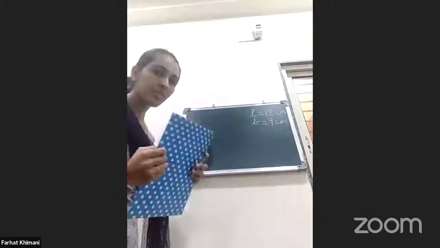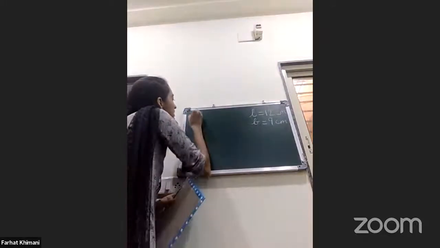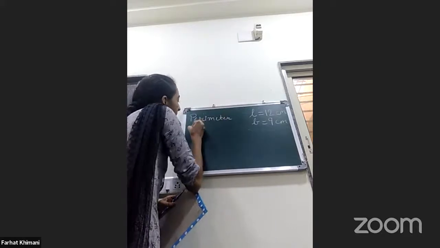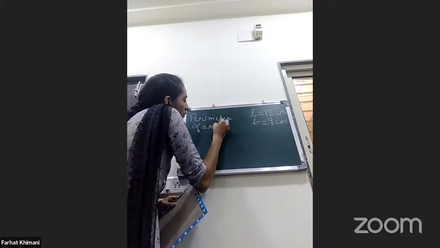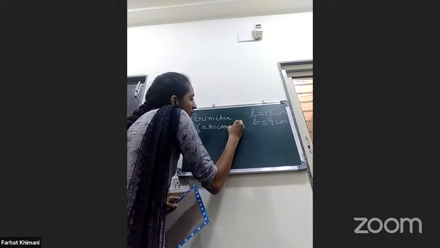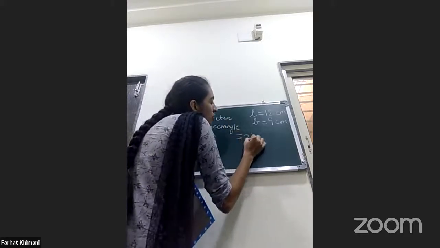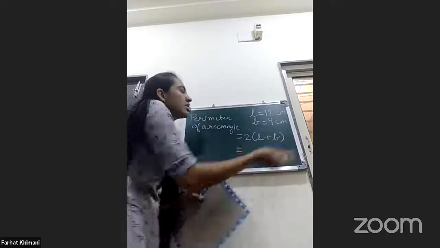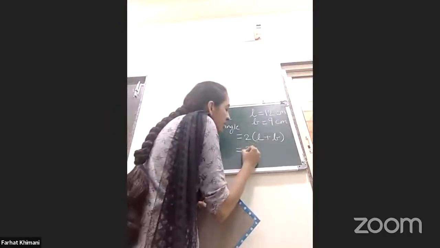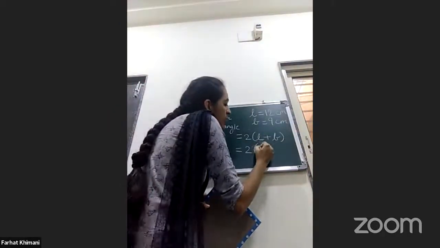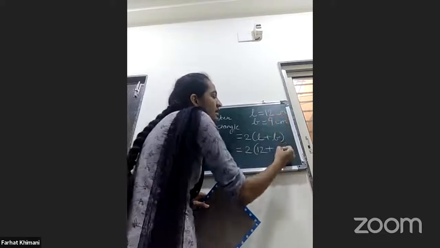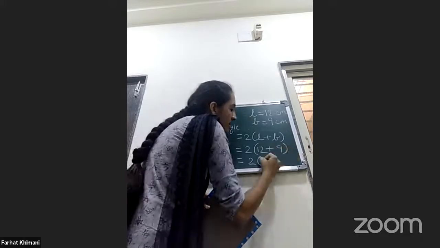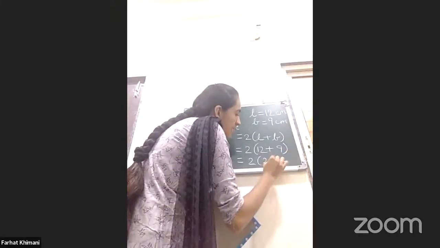So as the formula for the perimeter of a rectangle goes, it is 2 into L plus B. Here we have L, that is 12, so 2 multiplied by 12 plus 9, 2 multiplied by 21.